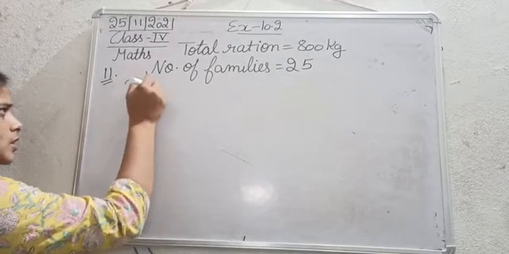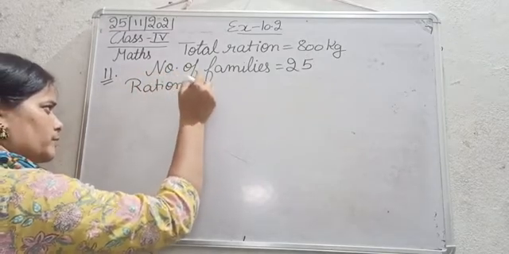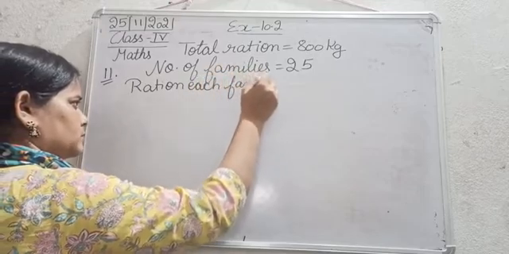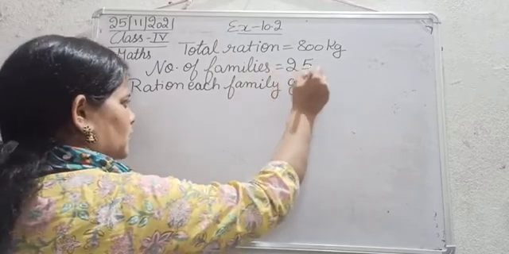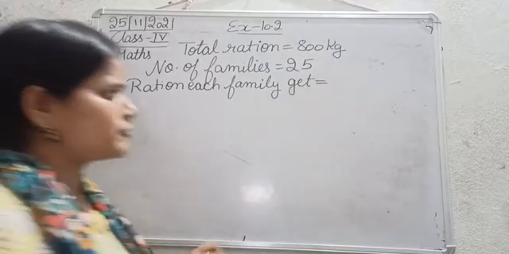Ration each family get, that is, let's divide the total quantity by the number of families.